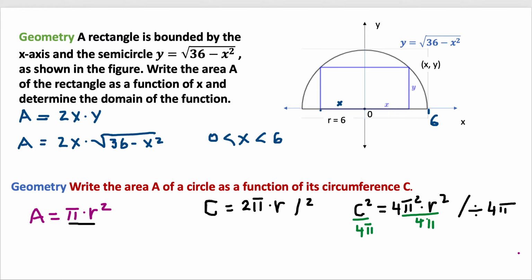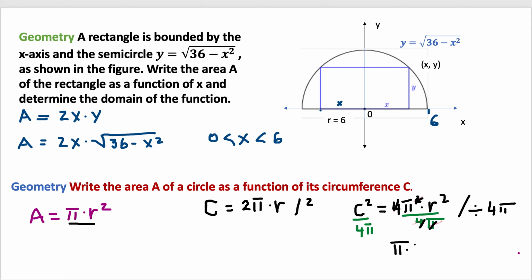Now what I'm going to have here: the 4 divided by 4 simplifies, and pi squared divided by pi remains just pi r squared.